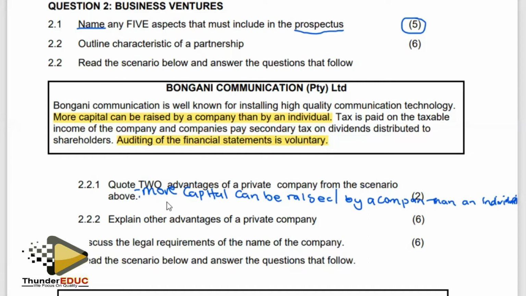Write a full sentence. Don't write a few words or a few of the things you want. You have to write a full line of it.